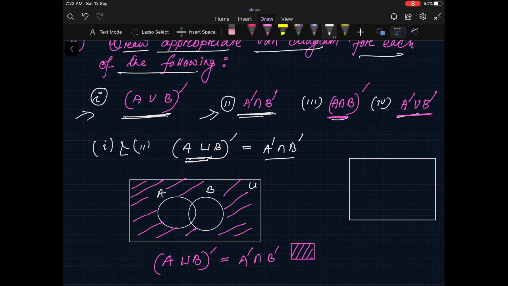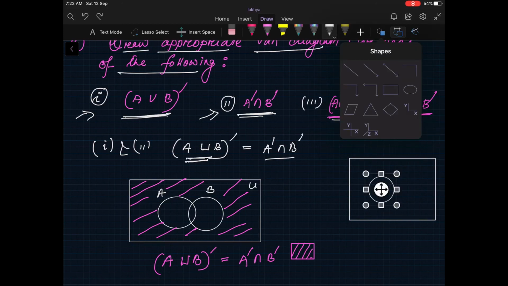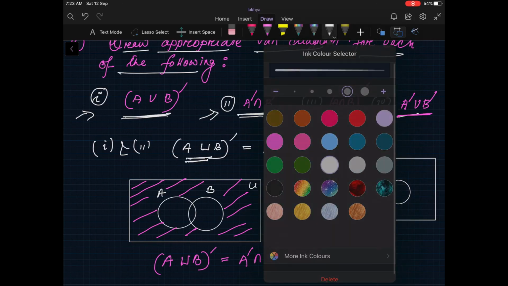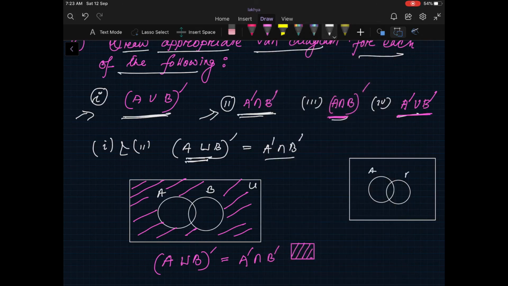Again, let me draw a rectangle here and two circles representing set A and set B. Suppose these two represent set A and set B, and the whole rectangle represents the universal set.